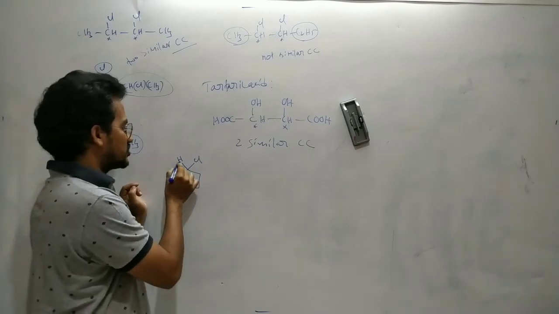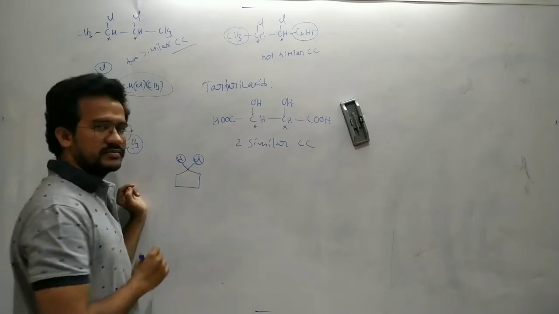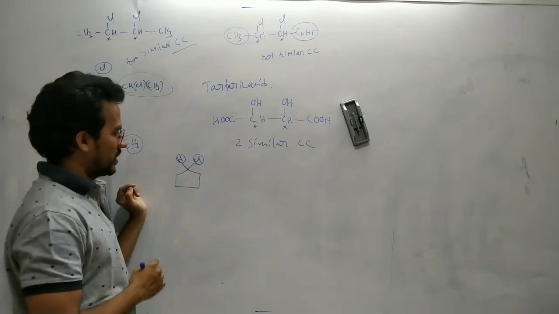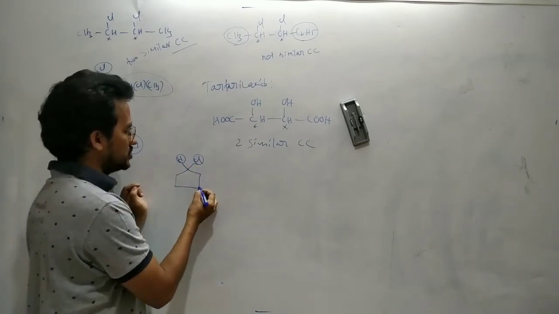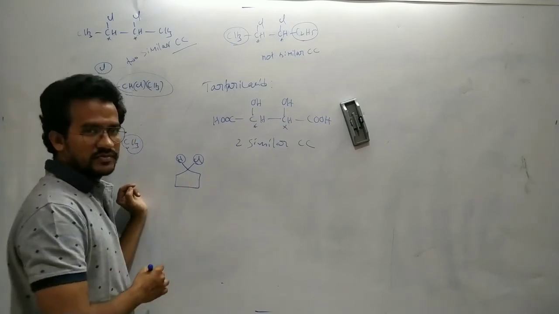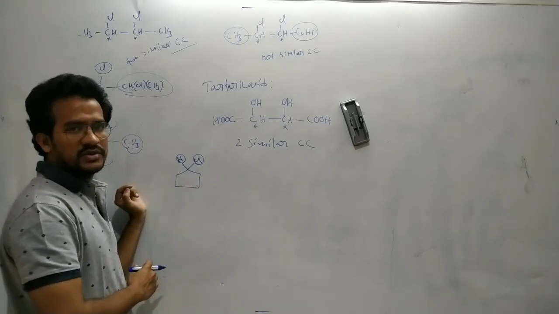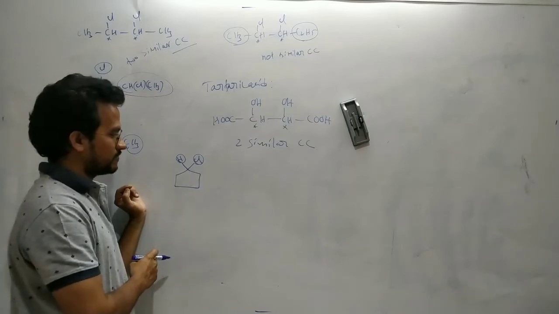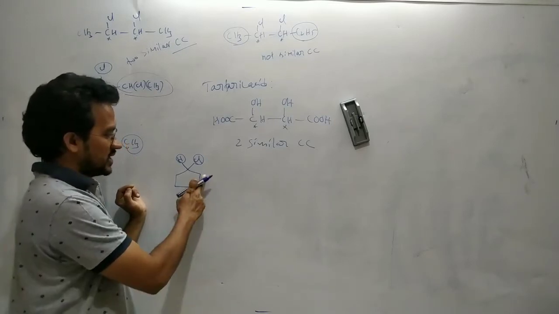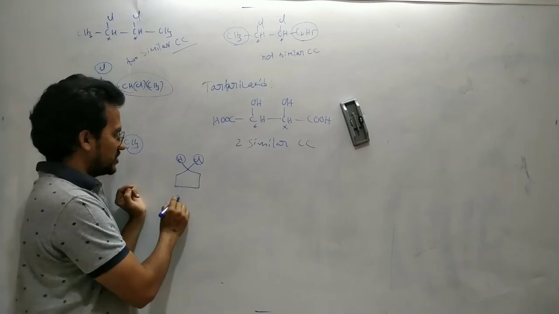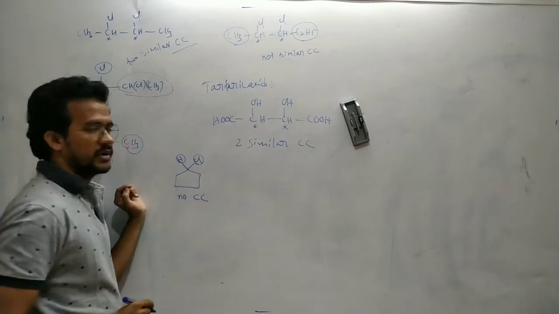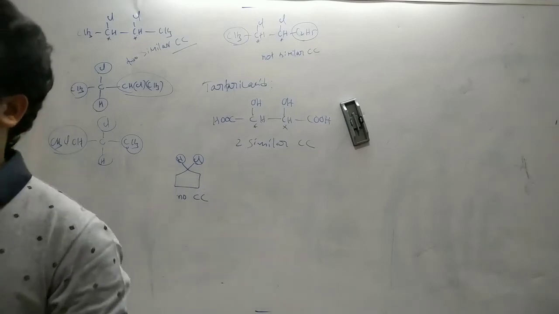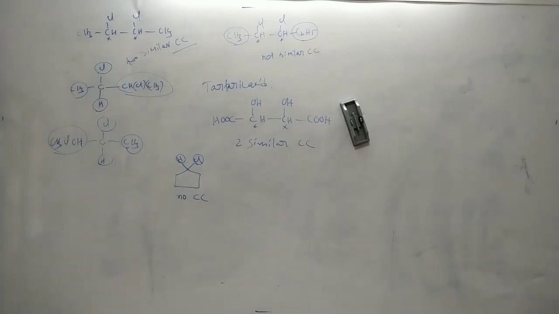Because this carbon is attached to hydrogen and chlorine, but the two sides, CH2, CH2, CH2, CH2, are similar in nature. Is it clear? This one has no chiral carbon.